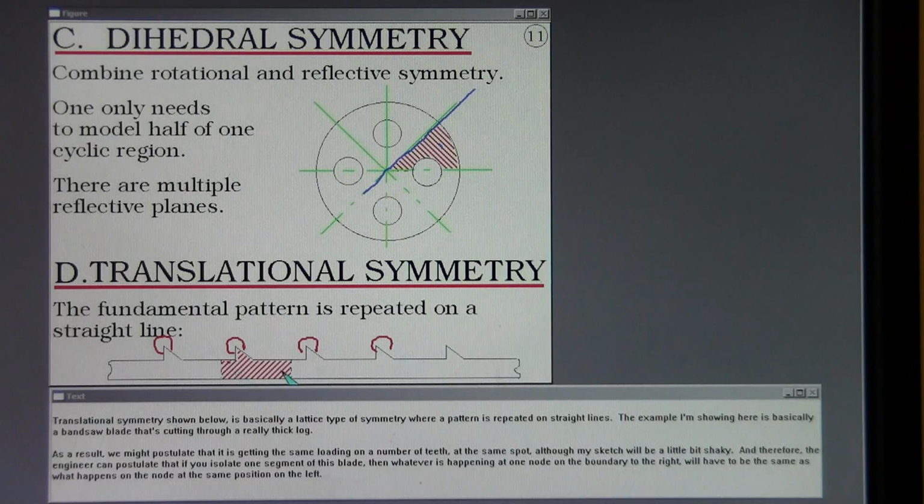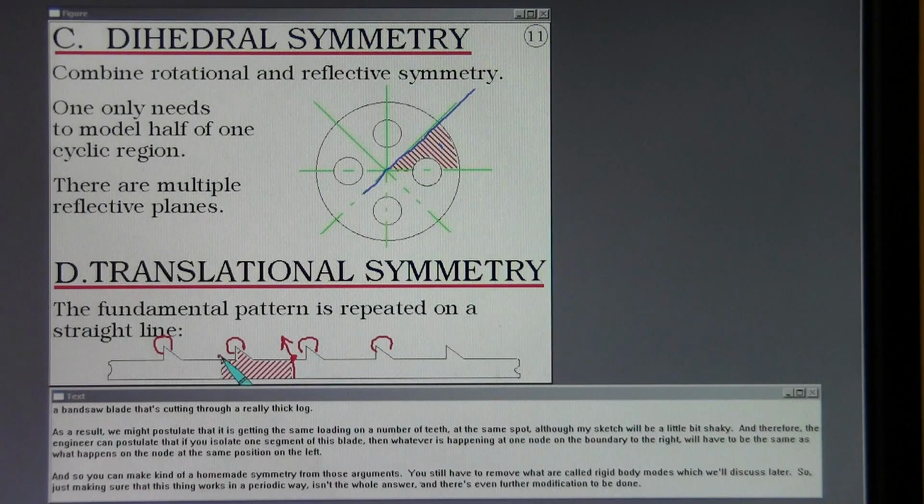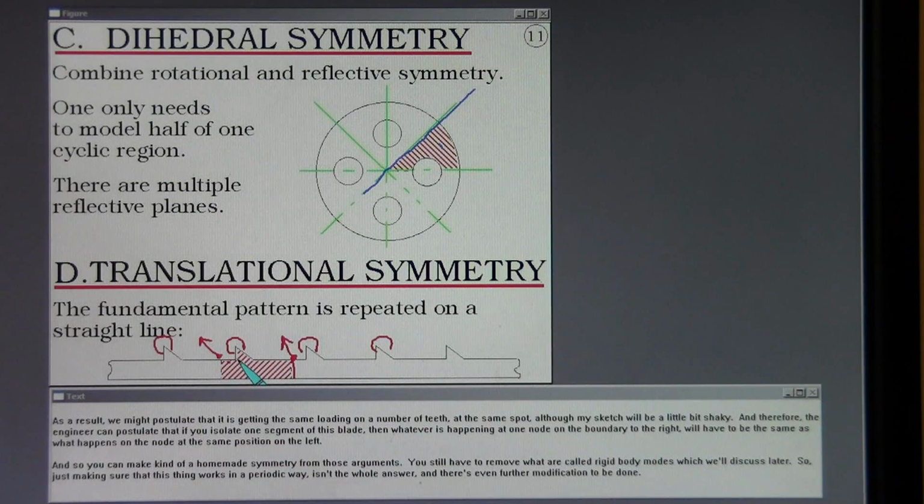And therefore, the engineer can postulate that if you isolate one segment of this blade, then whatever is happening at one node on the boundary to the right will have to be the same as what happens on the node at the same position on the left. And so you can make a kind of homemade symmetry from those arguments. You still have to remove what are called rigid body modes, which we'll discuss later. So just making sure that this thing works in a periodic way isn't the whole answer, and there's even further modification to be done.